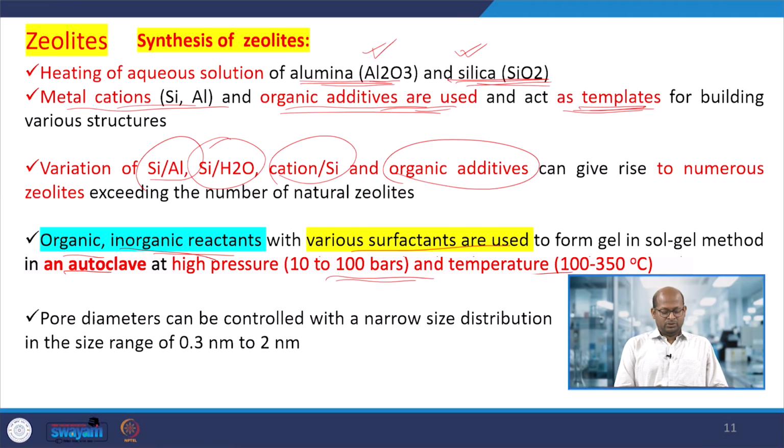Ten to 100 watts we can use, and temperatures of 100 to 350 degrees centigrade we can use to prepare this type of material. Depending upon the experimental conditions, temperature, pressure, and surfactants, inorganic or organic reactants, the pore size distributions would also be different.